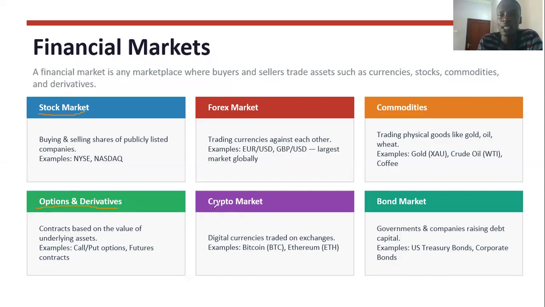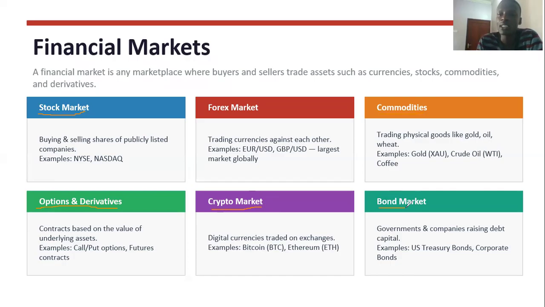Then we have the crypto market that is currently booming. These are digital currencies traded on exchanges. You have heard about Bitcoin, Ethereum, Solana. All those are various assets that are tradable under the crypto markets. Then we also have the bond market.